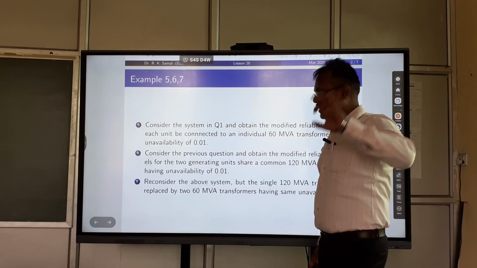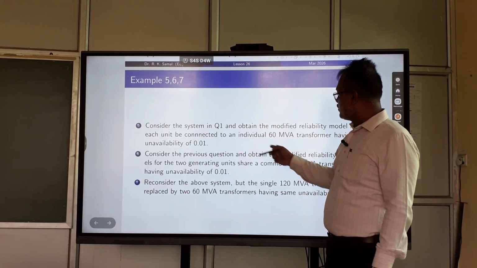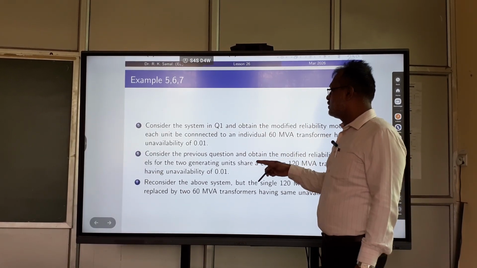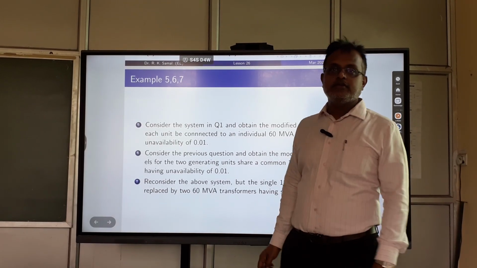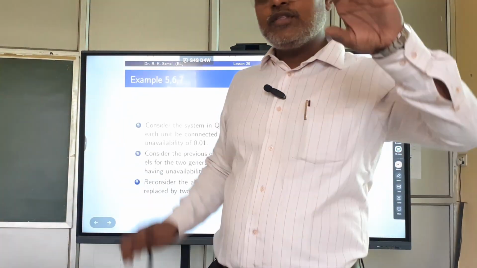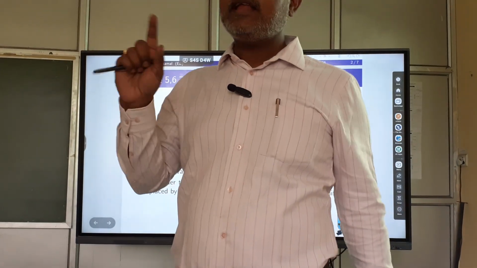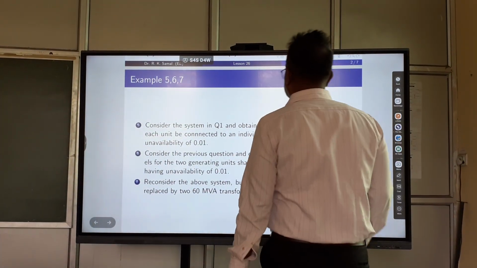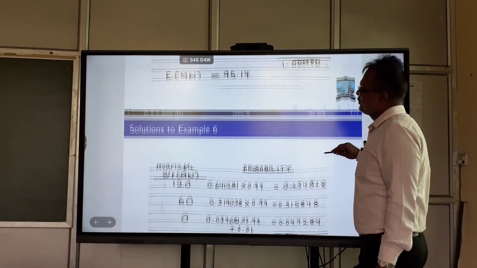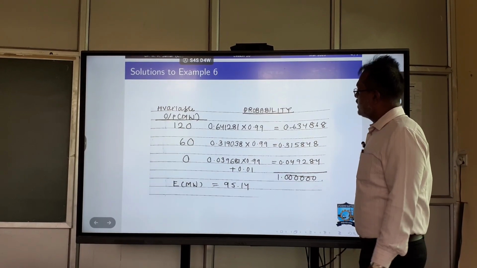Now the second case: consider the previous question and obtain the modified reliability model for two generating units sharing a common 120 MVA transformer. So this is the case.